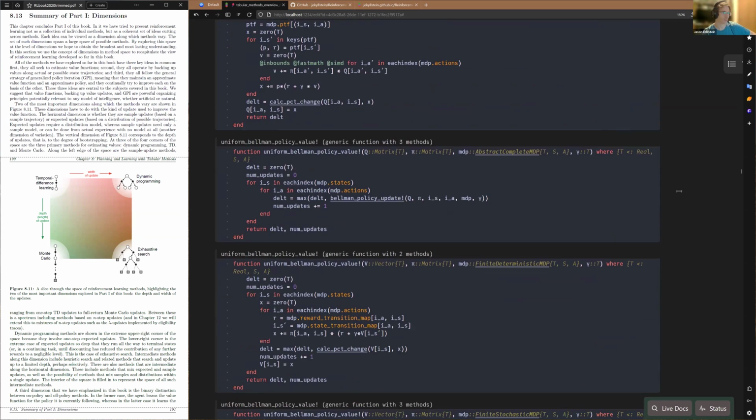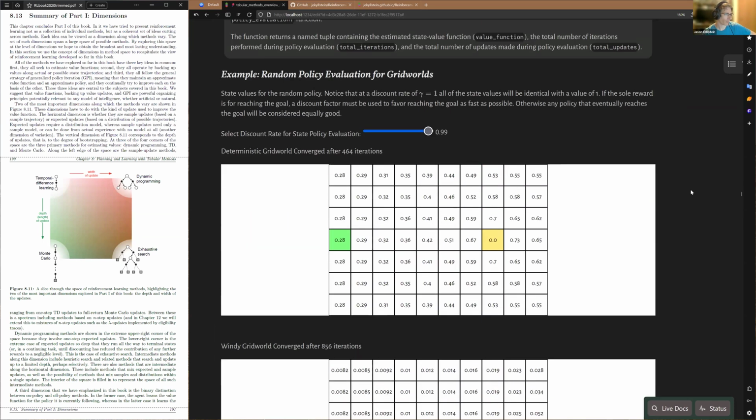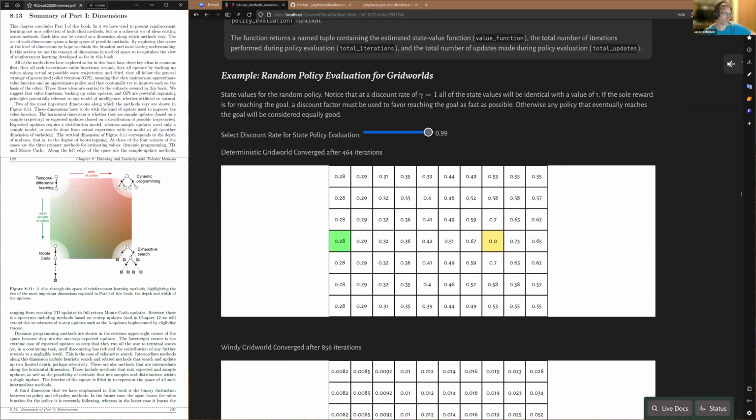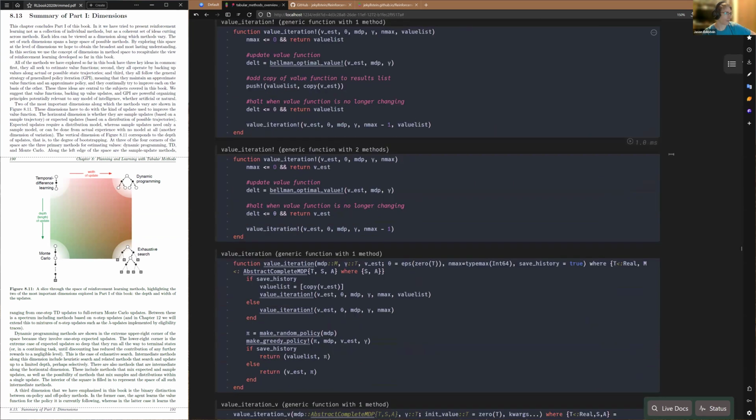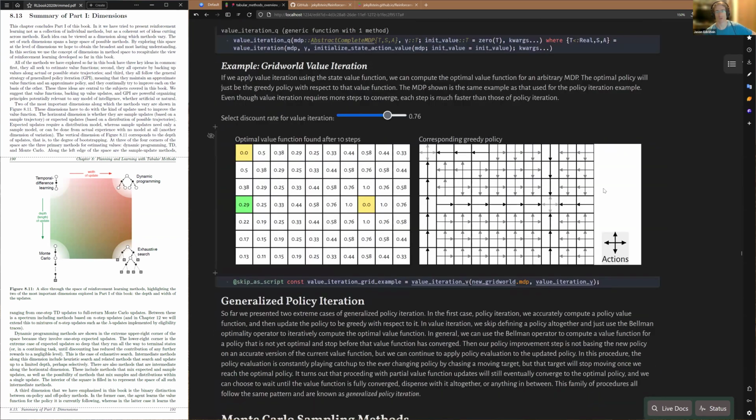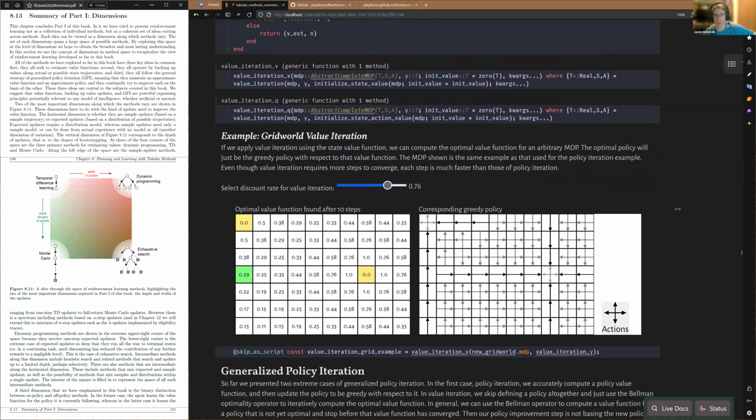And they also will give the most precise answers, where there's no numerical issue, no sampling error. But you also need to have access to the probability transition function to use these techniques.